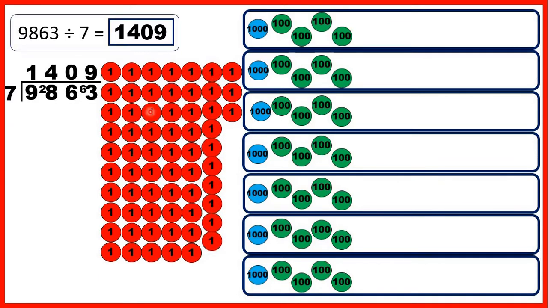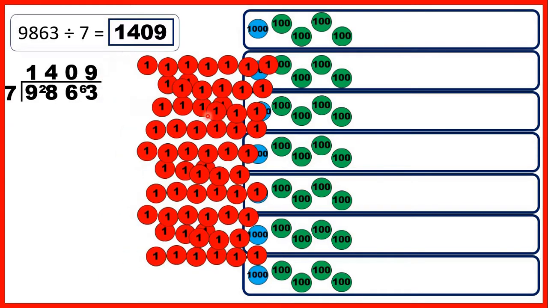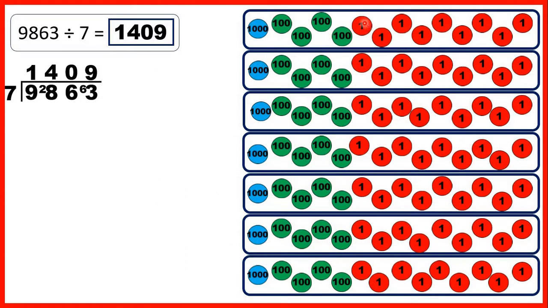That gives us 63 ones altogether, and we can share out all of these to get 9 ones in each group. So that's why our answer is 1,409, because in each of our groups we have 1,000 counter, 400 counters, no 10 counters, and 9 1 counters.